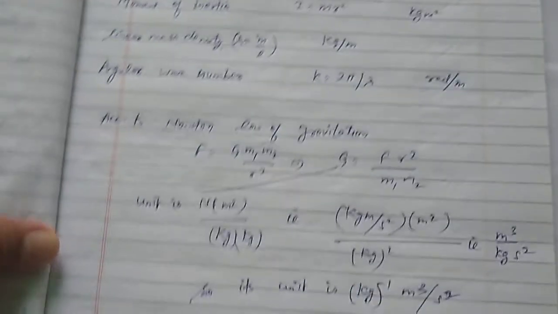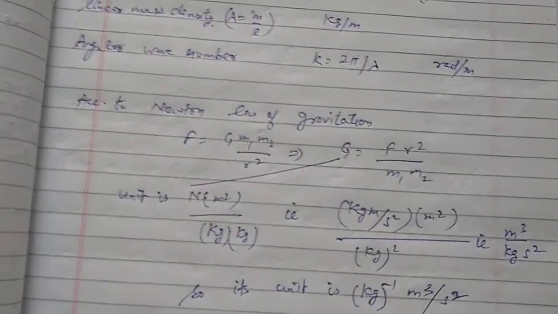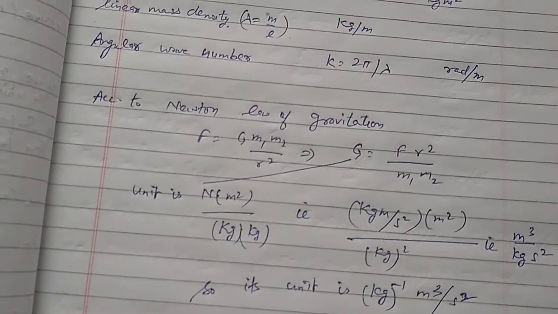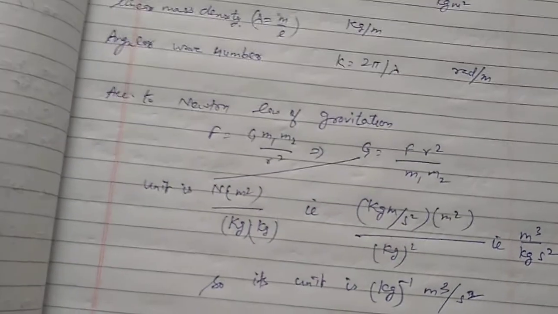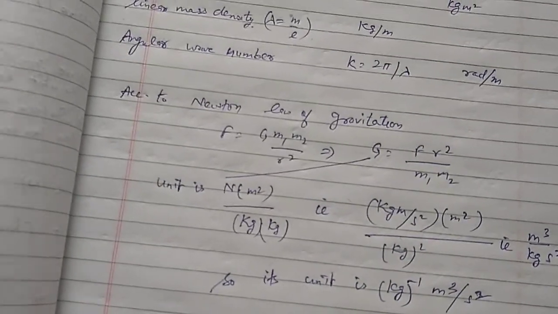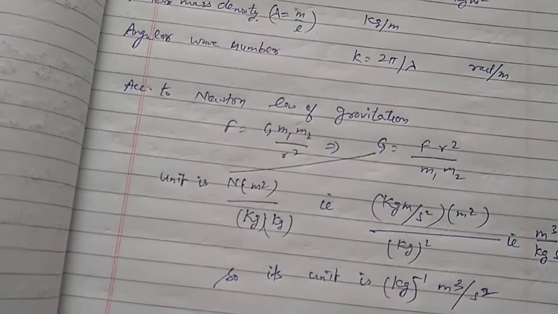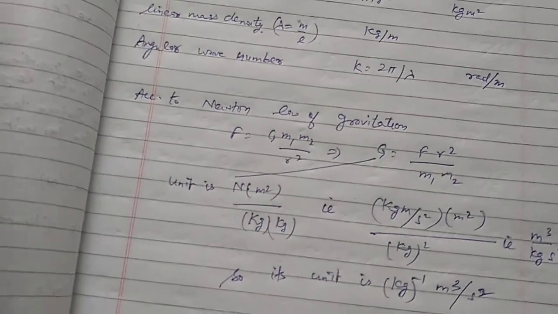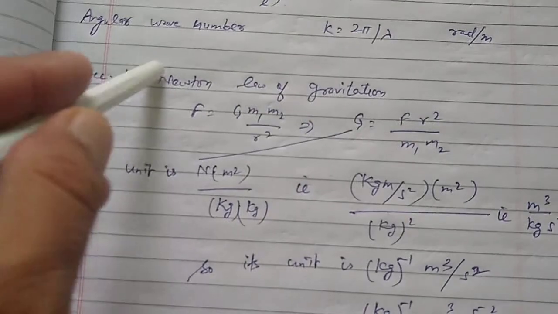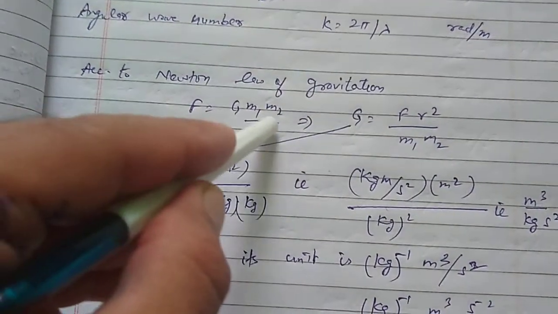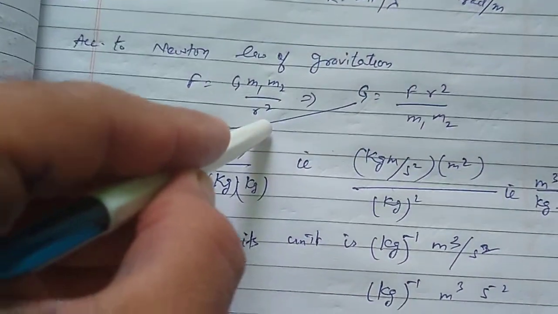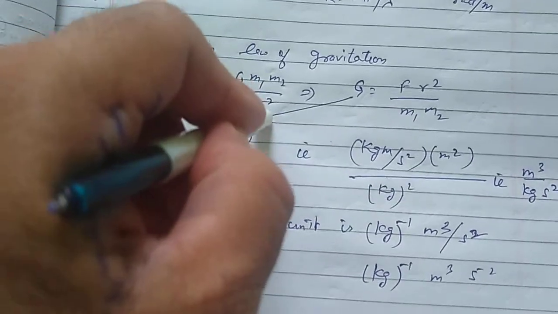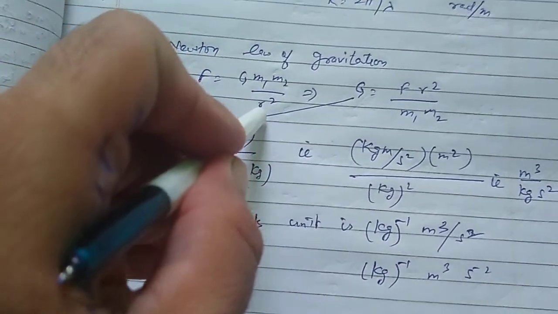If you don't know the unit of any other physical quantity, you can determine that unit by using a suitable relation. Let us consider one example. F equals G m1 m2 by r square. This is given by Newton's law of gravitation.